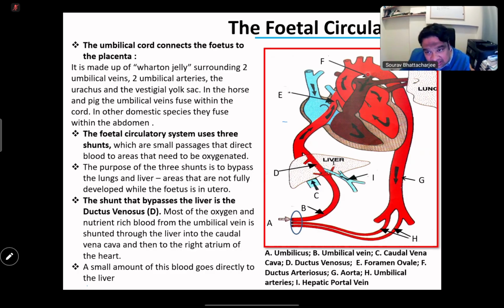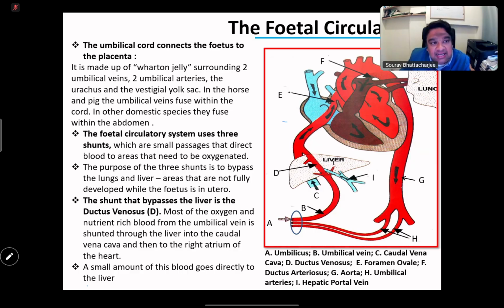That 20%, whatever blood is remaining on the right side, will use this ductus arteriosus, number F, and straightway access the aortic arch. So in this way, the entire blood that is coming to the atrial system of the heart gets directly moved towards the aortic arch, and the lungs are completely bypassed.